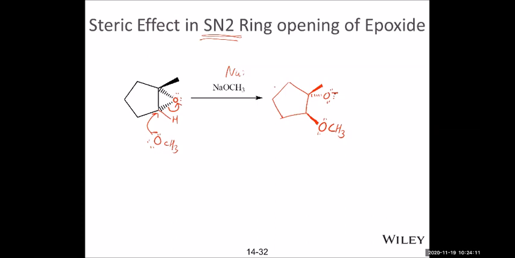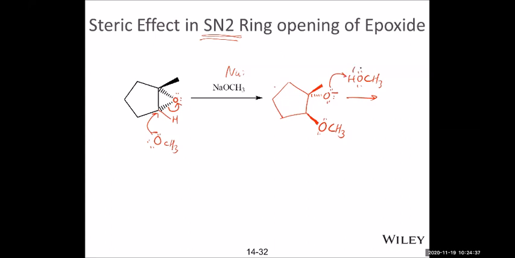This reaction has to be in some kind of protic solvent, such as methanol. The methanol will give protons to this alkoxide to turn it into the diol. This is a proton transfer reaction. There we go.